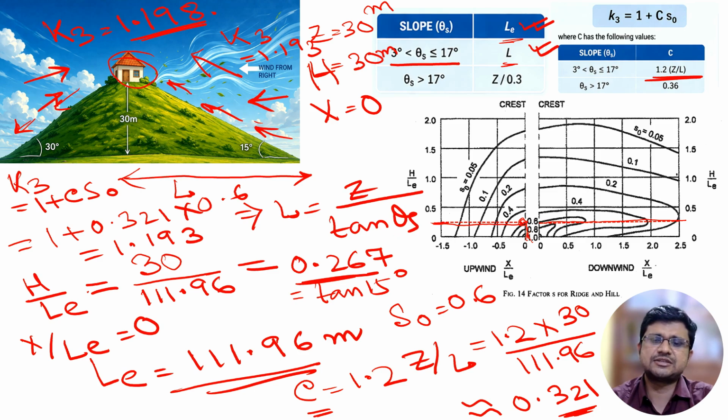We can consider these two different values for different cases. Or we can consider the maximum value. If we are doing all this calculation by hand, at that time we can consider the maximum value, and at that time we can consider this particular value 1.198.